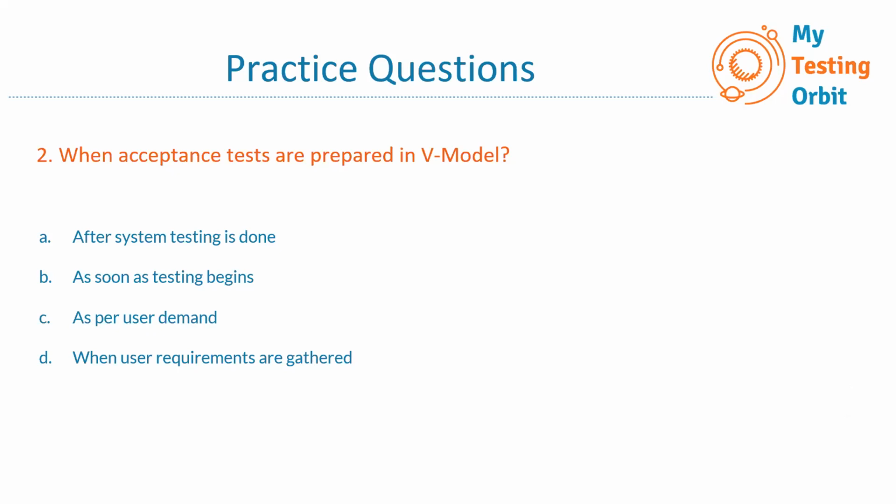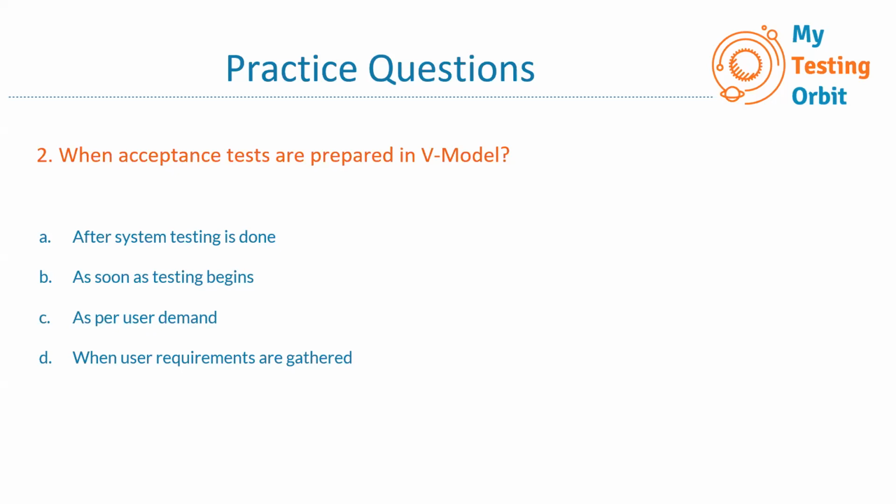So just recall the V model. When the user requirements are gathered, that's the point where acceptance tests are prepared as well. Let's go through the other options. A, after system testing is done. No, system testing is done based on the requirements, and we are talking about preparation and not when acceptance testing is done.